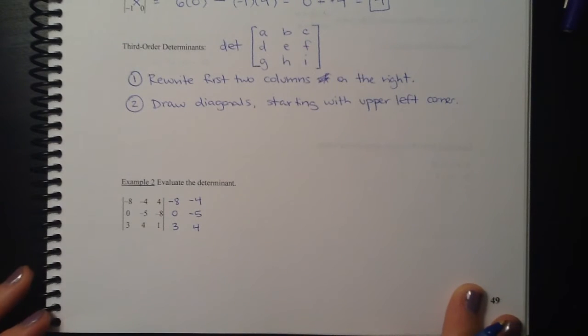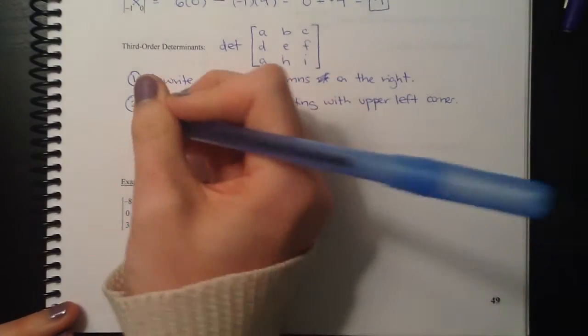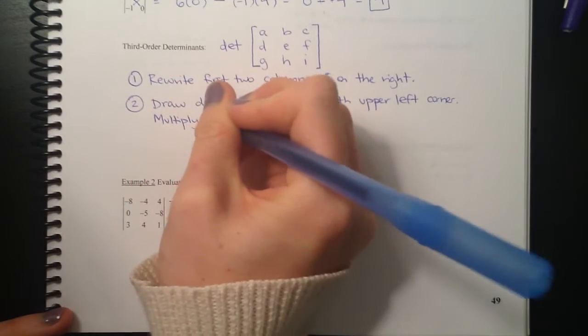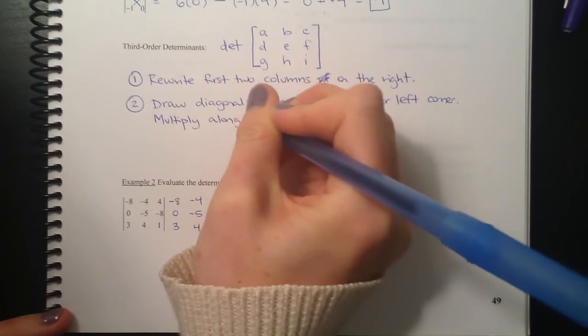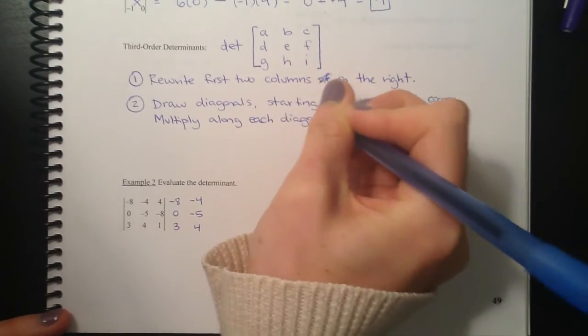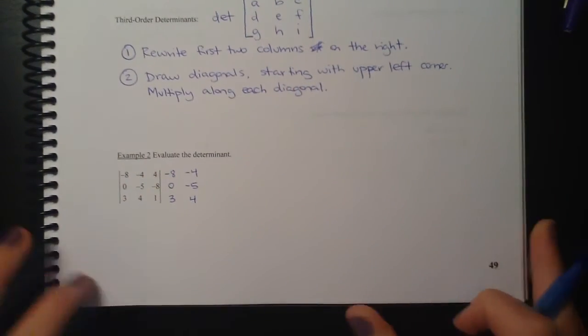Okay, so we draw diagonals starting with the upper left-hand corner, and then we are going to multiply the elements together. Okay, so we're going to do all the downward diagonals.